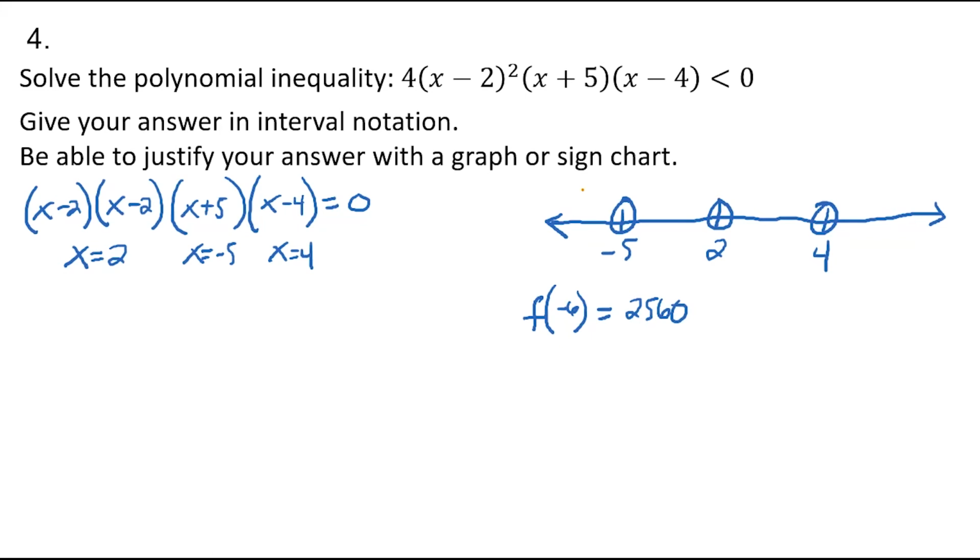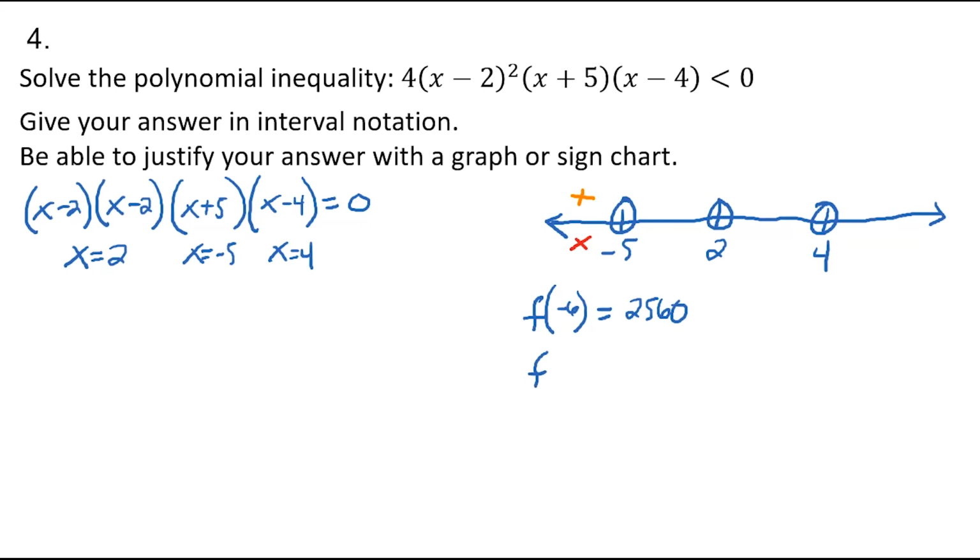So I get a plus here. But look at what we're trying to deal with. We want the values of x that when we plug them in here, we get a negative outcome. But if I pick a value in this interval, I'm going to get a positive outcome. So that means I need to exclude this interval. We don't want that one.